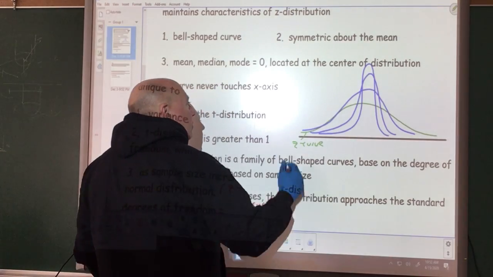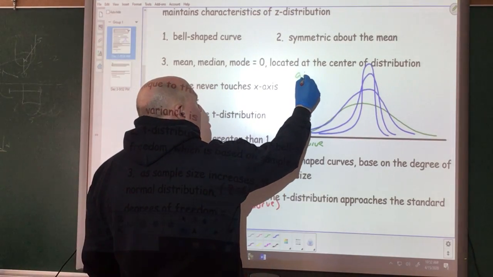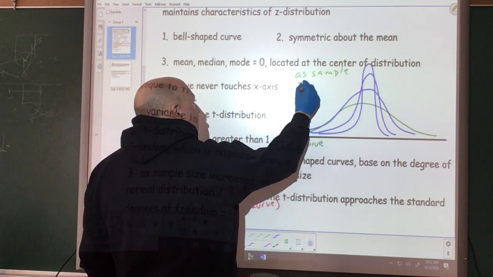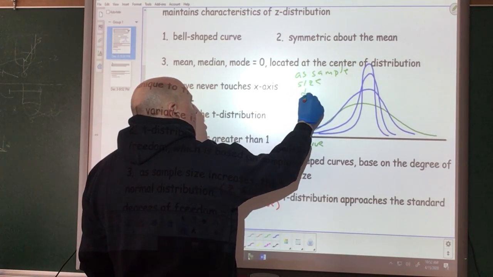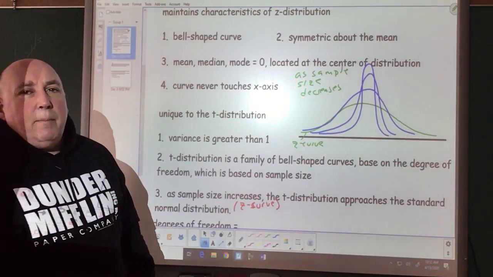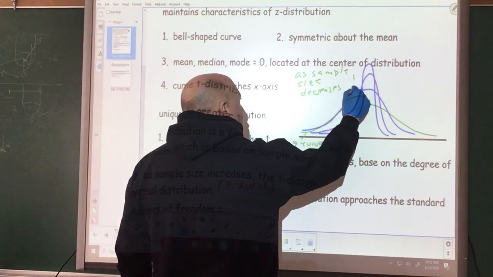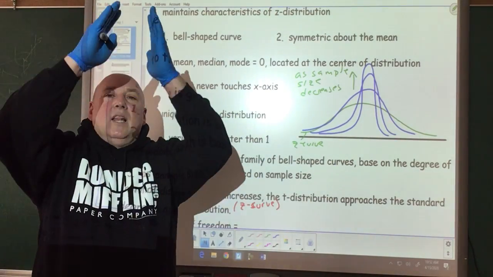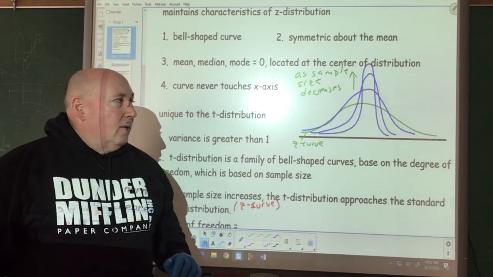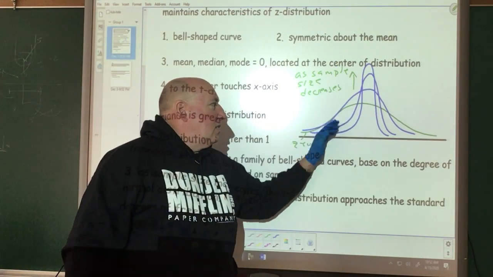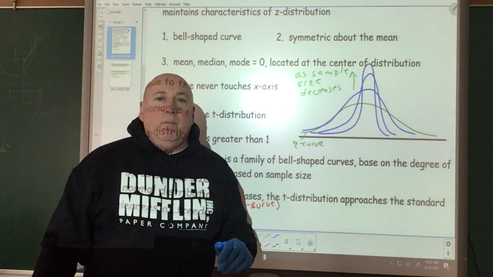So as sample size decreases, the hump on Sally the camel's back starts to get a little bit taller. So as sample size decreases, this starts to get a little bit higher.